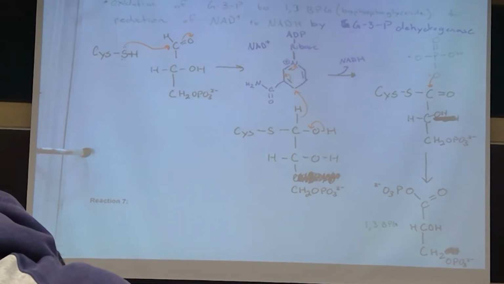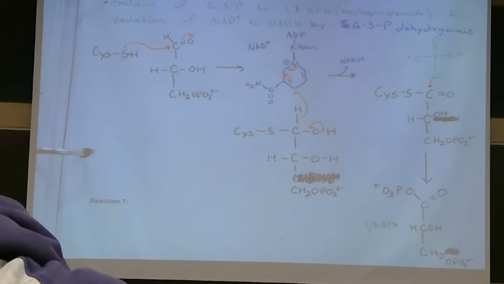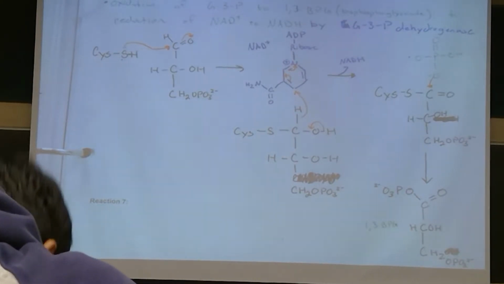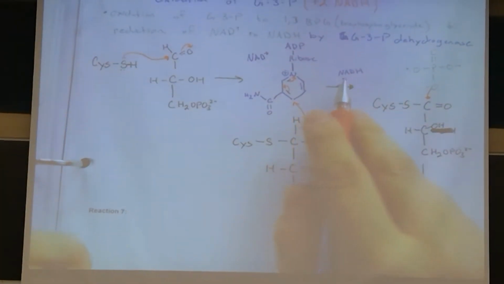Question, who answered? Somebody did. It doesn't require ATP, right? So here we have phosphoryl transfer, not really phosphoryl transfer. Phosphate transfer, right? A phosphate transfer. It does not require ATP, and it also yields a net gain of 2 NADH. So why 2 NADH? 1 NADH.